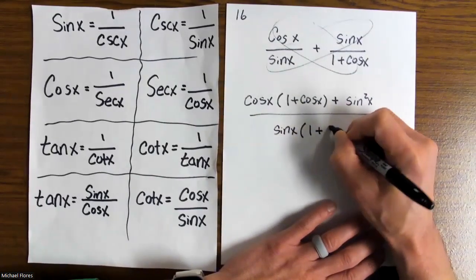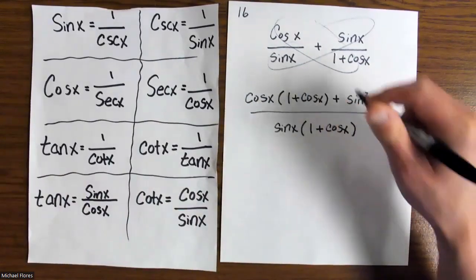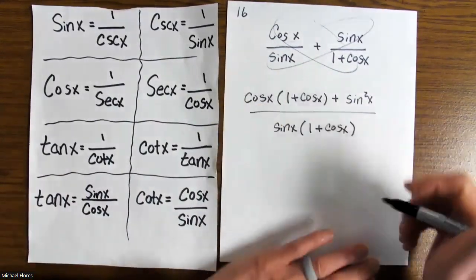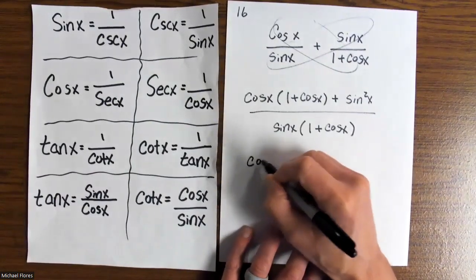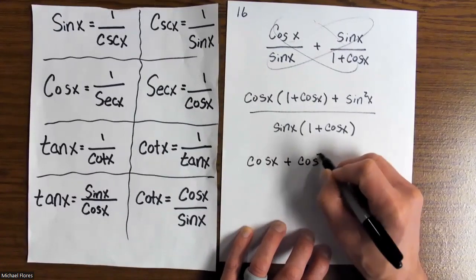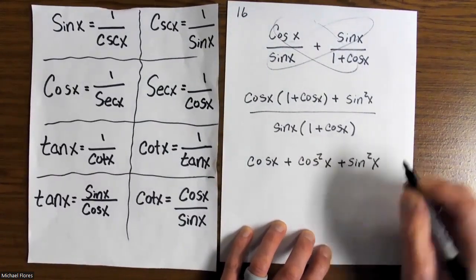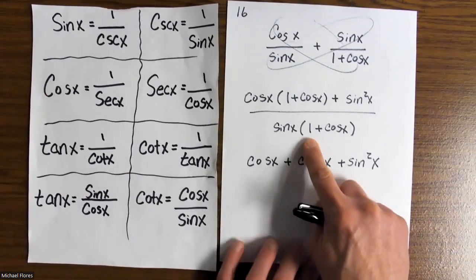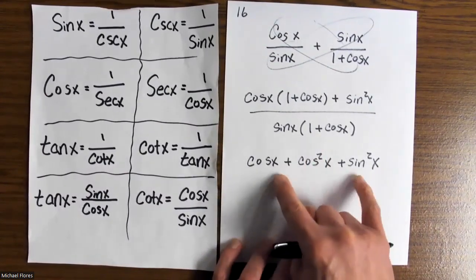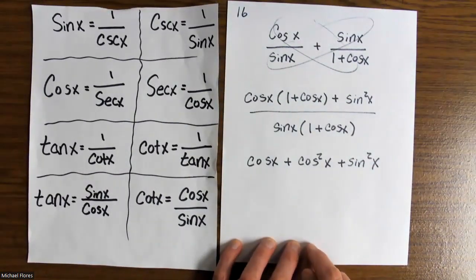Now please do not be tempted to cross cancel these out. You're going to first have to distribute this throughout the parentheses. Now, I'm not going to worry about the denominator just yet. I'm going to simplify the numerator that I just distributed about the parentheses.